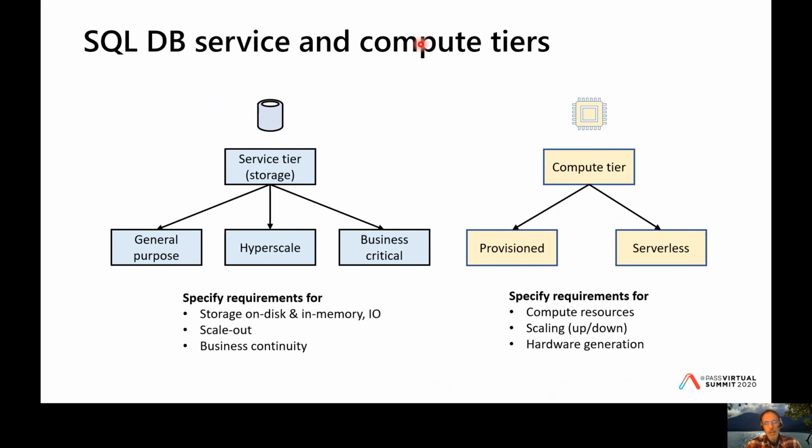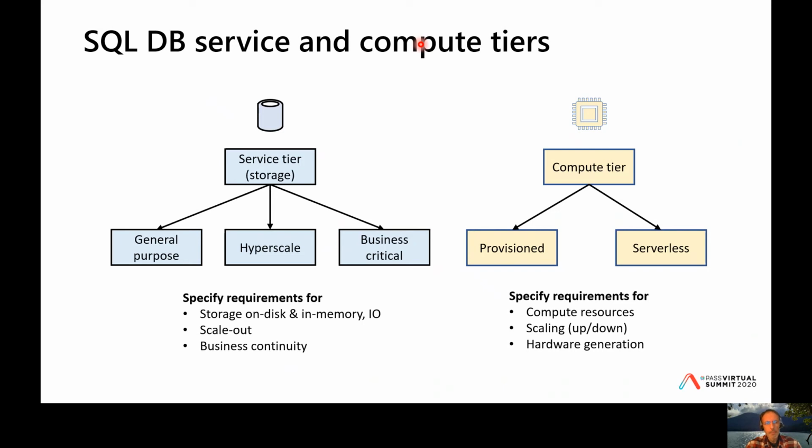The next decision that's typically made in the onboarding journey is the choice in service tier. One way to think about service tier is it's your opportunity to specify the storage architecture for the database. So the amount of space the database requires, the kind of I/O performance characteristics that it requires are wrapped up at a high level in the service tier.